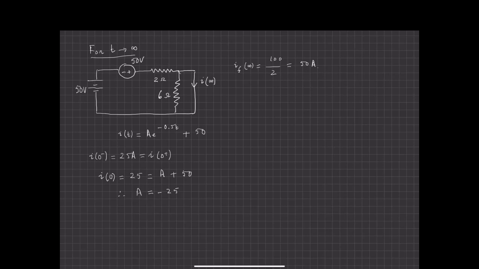And therefore, for t greater than 0, my solution for t greater than 0 is I of t is equal to 50 minus 25 e to the power of minus 0.5 t.